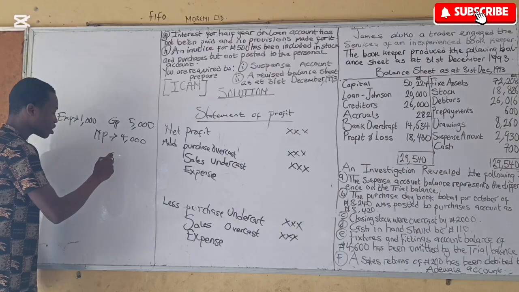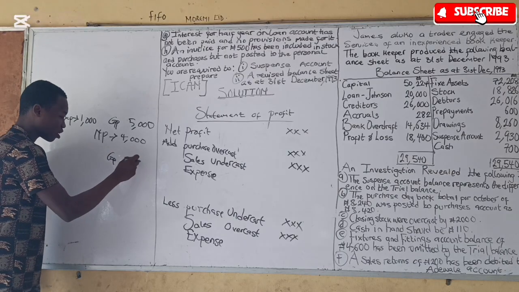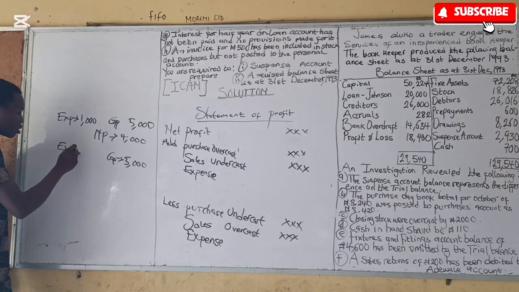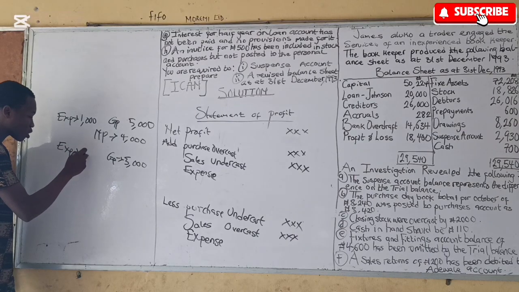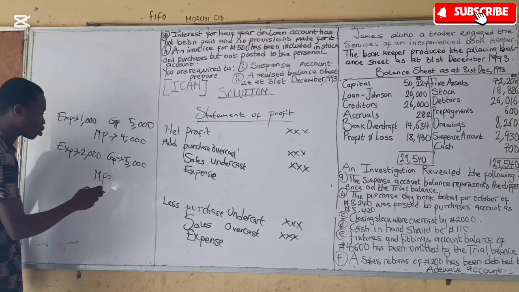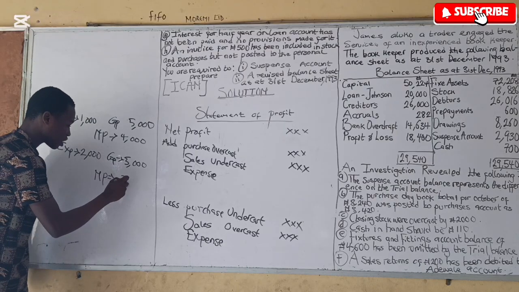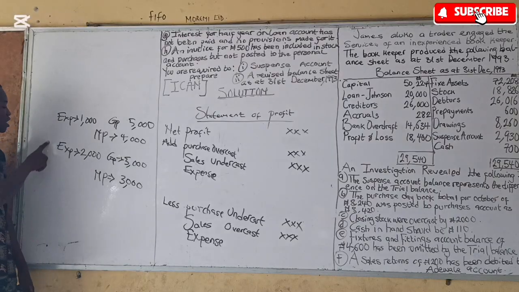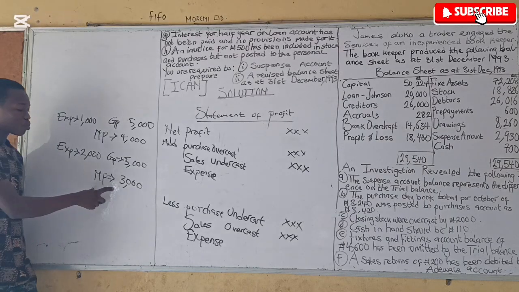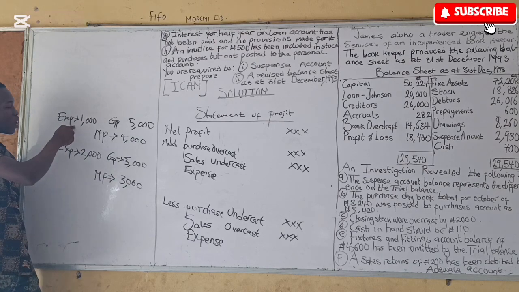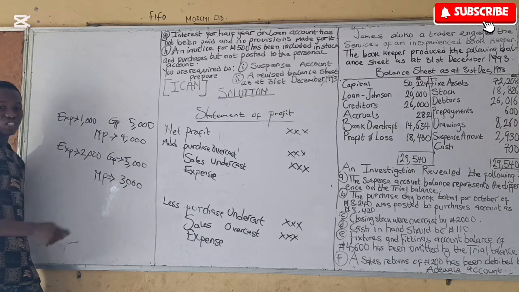But when your gross profit is still 5,000 naira and your expenses increase to 2,000 naira, your net profit is going to be 3,000 naira. So this is telling us that when we overstate our expenses, our net profit is going to reduce. But when we understate our expenses, our net profit is going to increase.